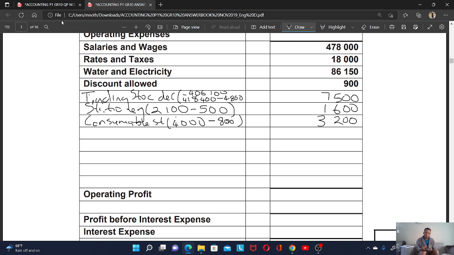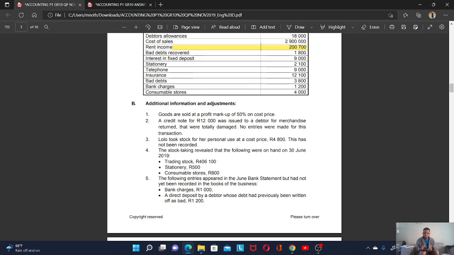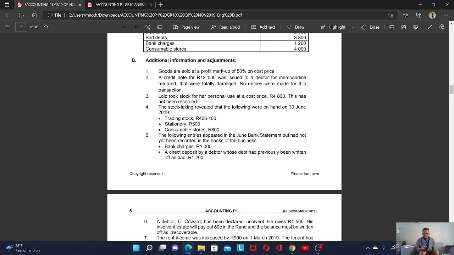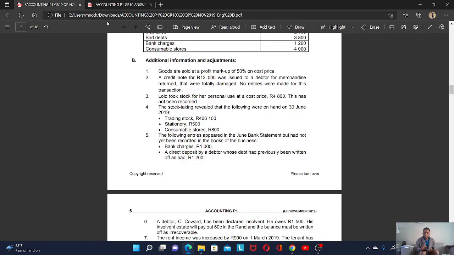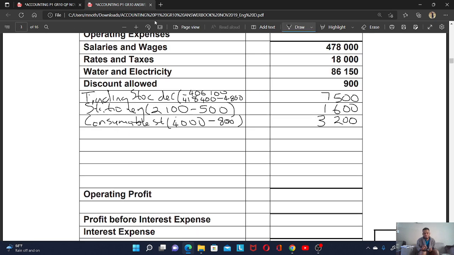Okay, let's go. Number 5. The following entries appeared in the bank statement but had not yet been recorded in the books of the business. Number 1 is the bank charges. In the trial balance, you can see the bank charges are 1,200.